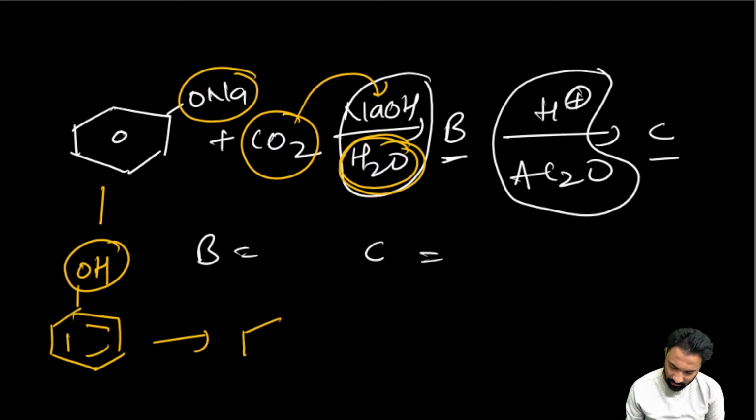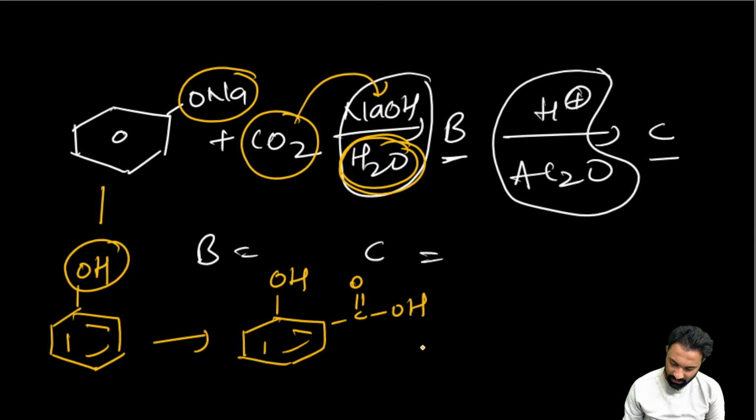CO2 and the base will give you salicylic acid, as in Kolbe electrolysis, which I explained clearly yesterday. So B is salicylic acid.